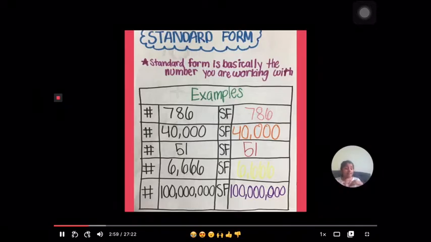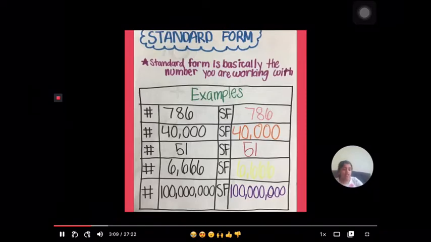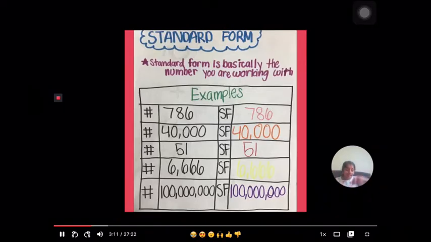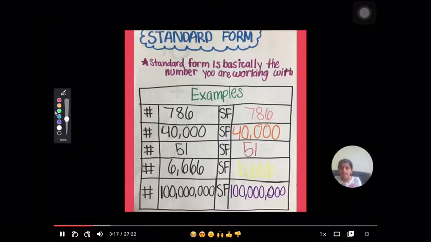I'm just going to rewrite my number in standard form, because standard form means the same thing. So, just writing that number and not word form, not writing it in letters, not expanding it, just writing the same thing down. Okay? So, let's look at a few examples.